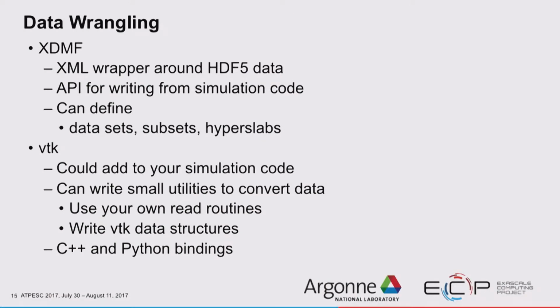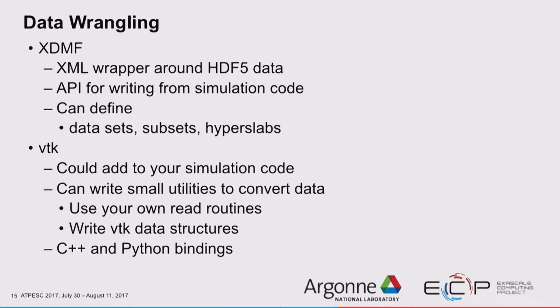I mentioned I do spend a lot of my time doing data wrangling, doing these sorts of conversions. XDMF is a pretty powerful format for that. It's essentially an XML wrapper around HDF5. So you can store your data in HDF5, which a lot of simulation applications do, and then you can have this XML wrapper around it. It's essentially a higher-level abstraction so that the visualization applications can get access to this HDF5 data.